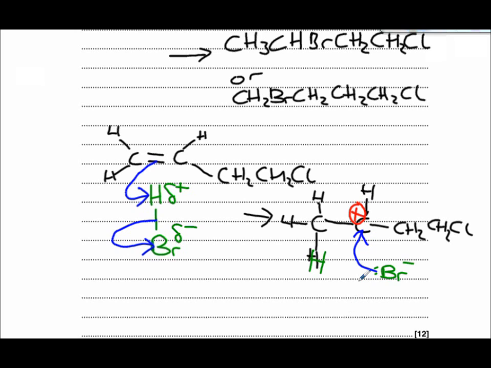There you are for your mechanism. You've got 1 mark for these curly arrows, 1 mark for the correct deltas, and another mark for this intermediate and the Br minus with the correct curly arrow.